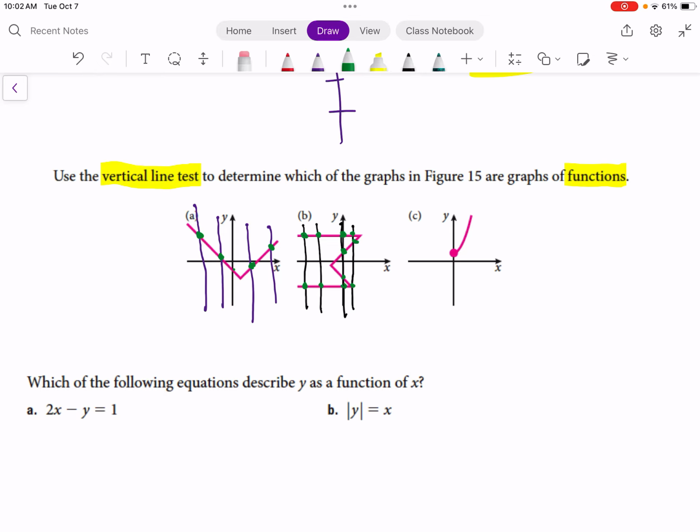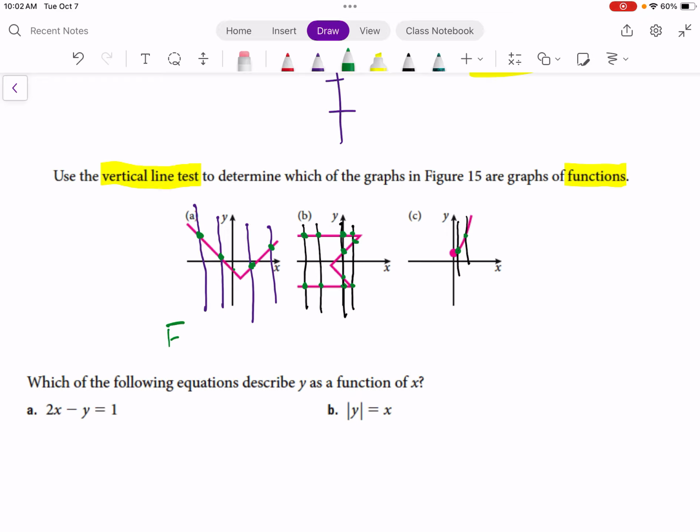Now what about our graph C? Is it a function or not? It's a function, right? No matter where you draw a vertical line, it always crosses the graph exactly at one point. And this makes our graph a function.